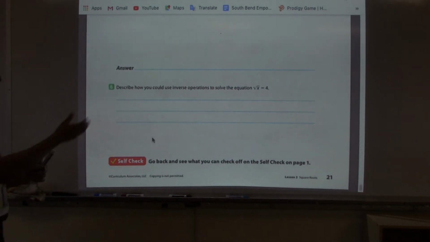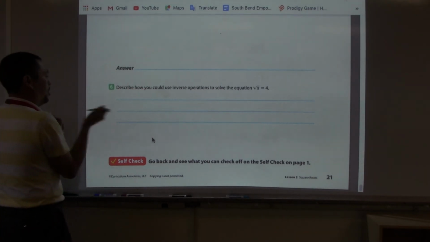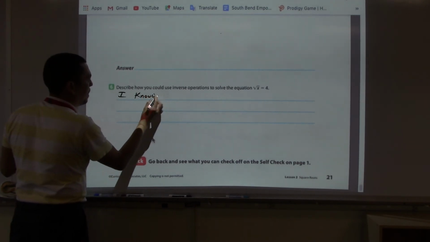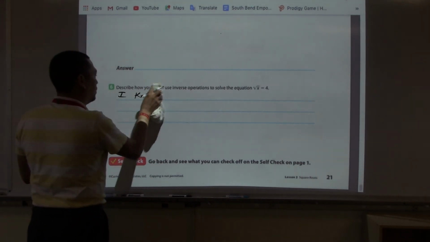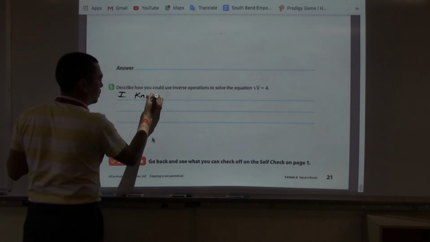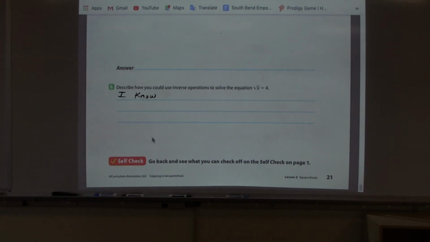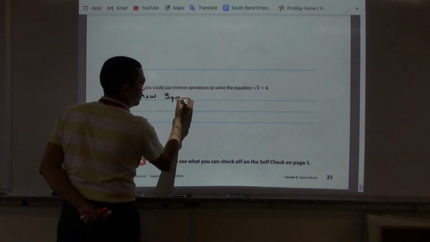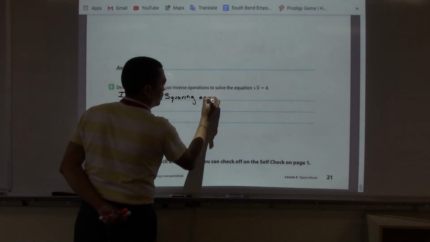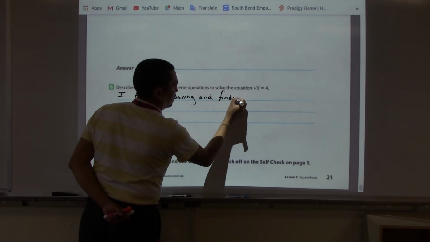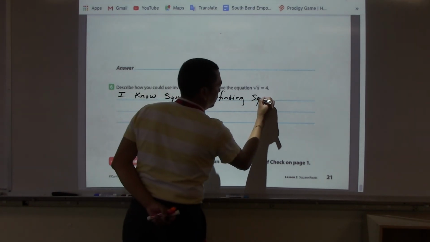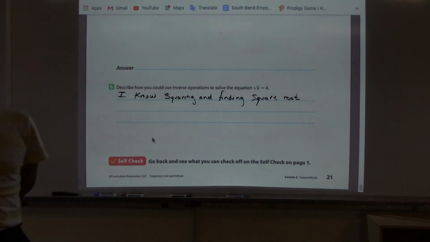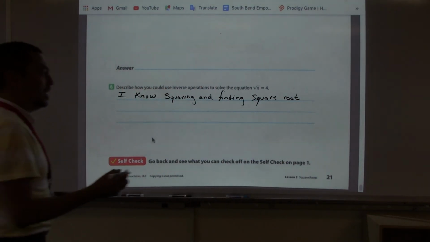In this case, we saw some examples, and I know that squaring and finding a square root are inverse operations.